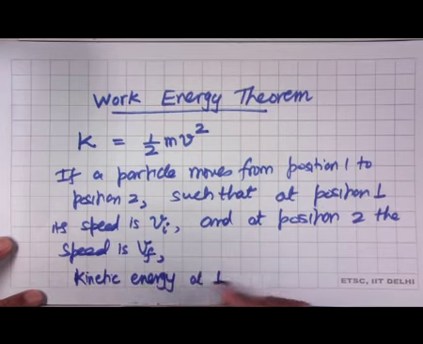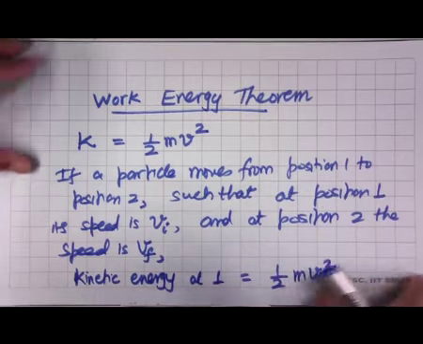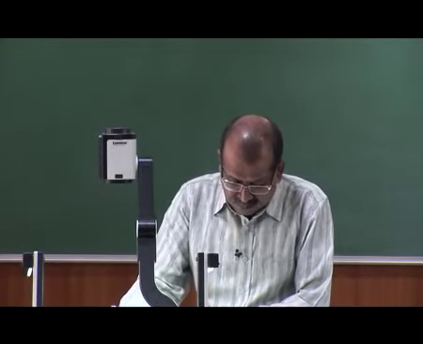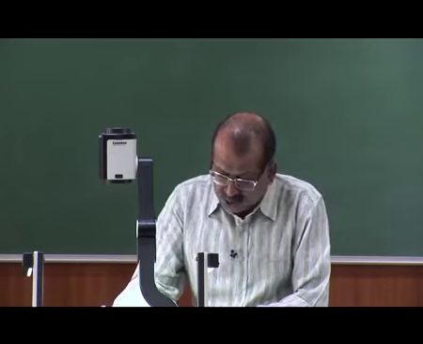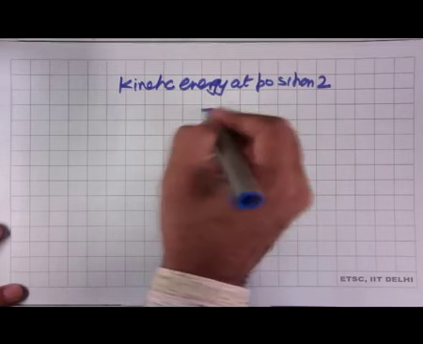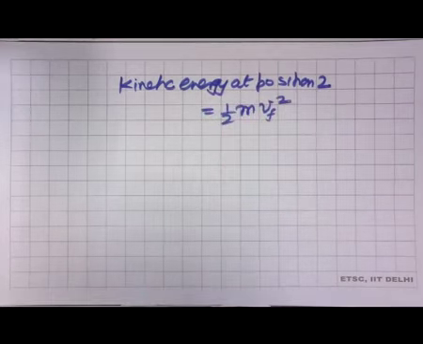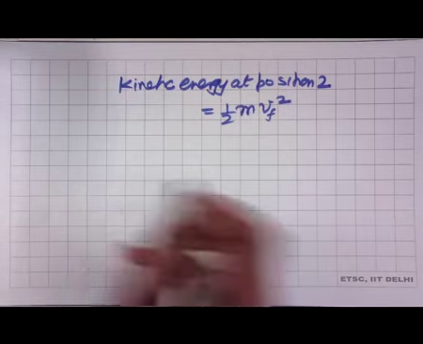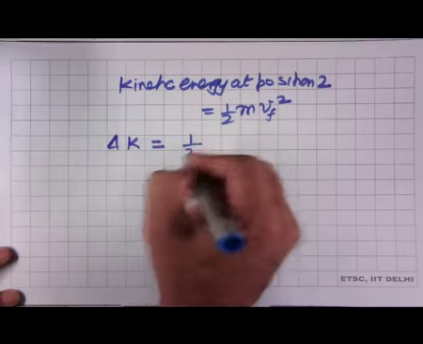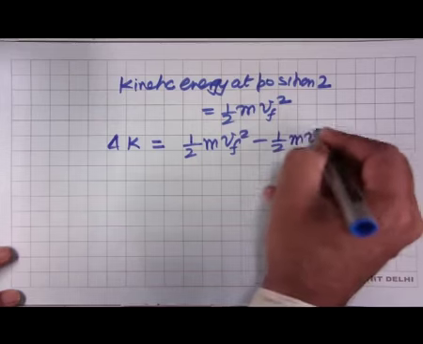at position 1 will be equal to half m v I square. The kinetic energy at position 2 is equal to half m v f square, and the change in kinetic energy we can write as half m v f square minus half m v I square.